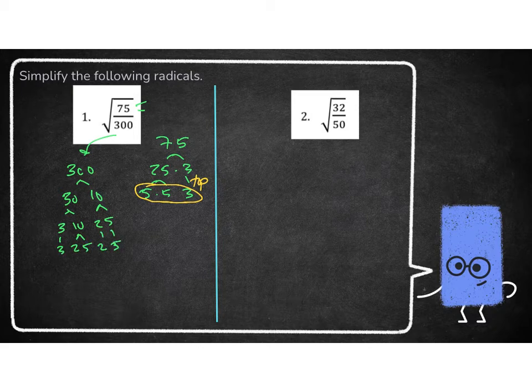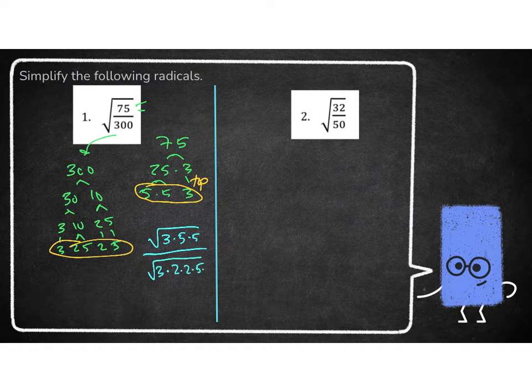So what happens here is you've got these two lists in your radical. So if I rewrite those, I'm going to change a color here. I'll rewrite those as the square root of 3 times 5 times 5 on the top and the square root of 3 times 2 times 2 times 5 times 5 on the bottom, check out what happens.